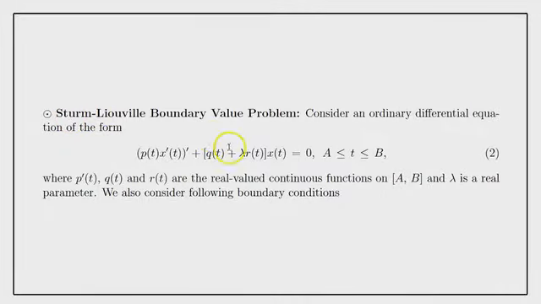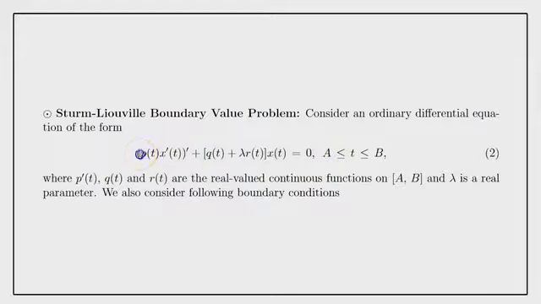Finally, now we can define the Sturm-Liouville boundary value problem. We consider an ordinary differential equation of the form P(t) multiplied with x dot(t), its whole derivative, that means d/dt of P(t) x dot(t), plus Q(t) plus lambda R(t) into x(t), this is equal to 0.